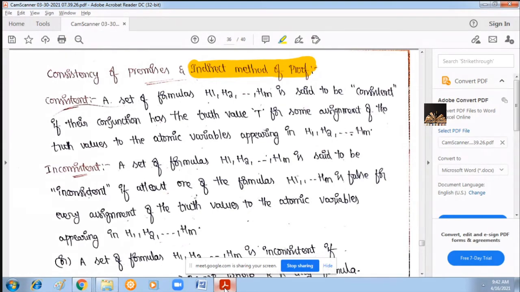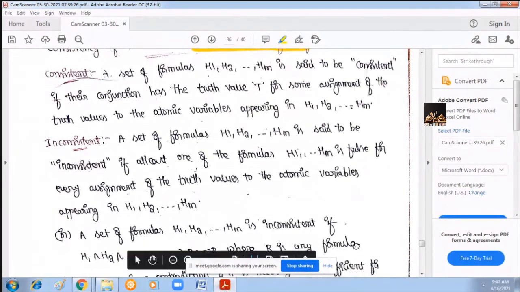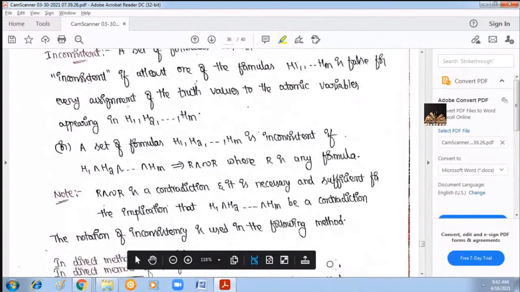You are trying to prove the conclusion by considering the contradiction of that conclusion. Right? So let us see one example.